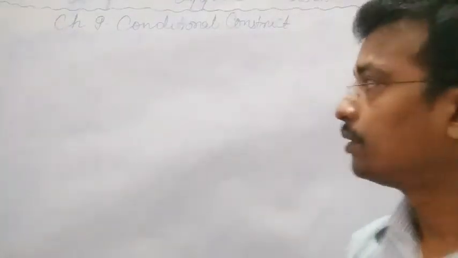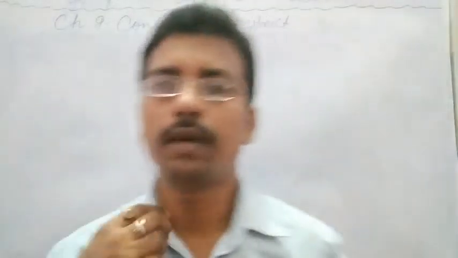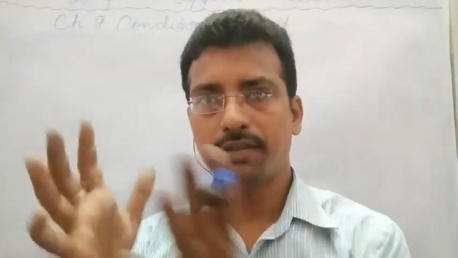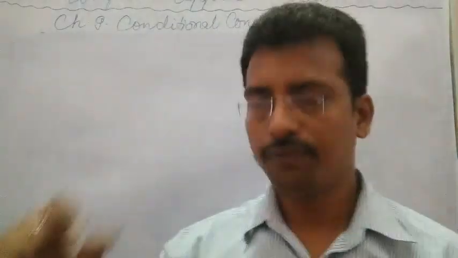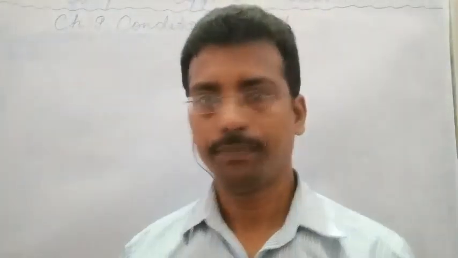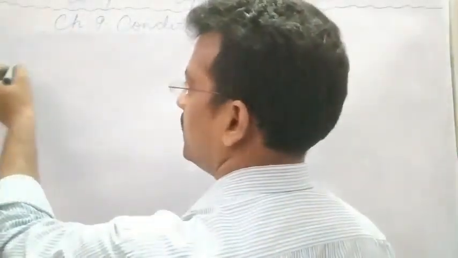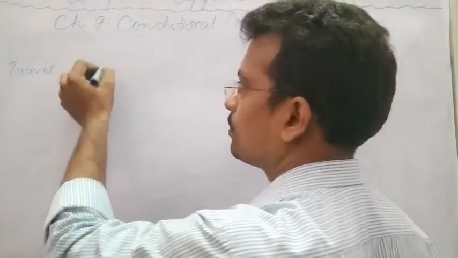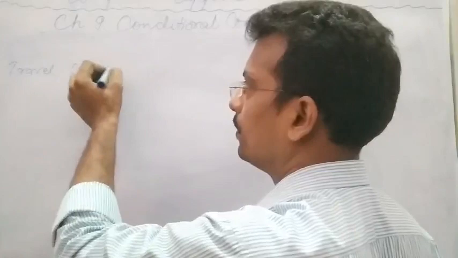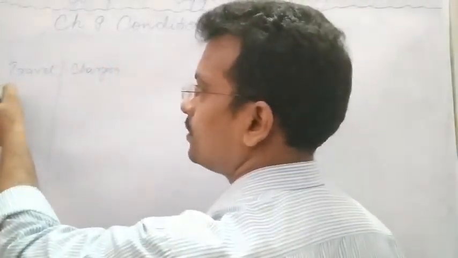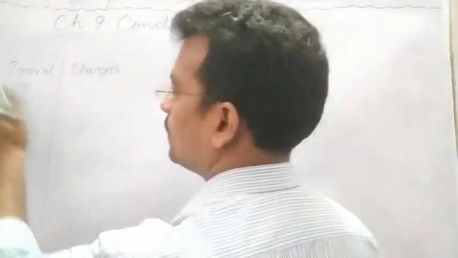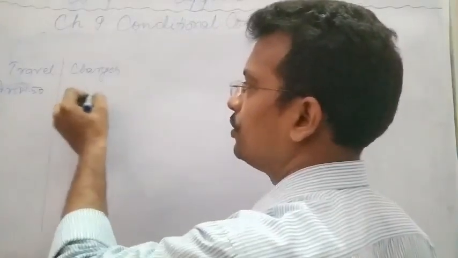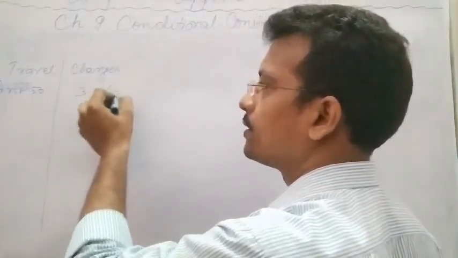Suppose a program is like this. One person goes to hire a taxi and asks what the charge is. The taxi driver says the charge is like this. Travel, how many kilometers you will travel, and the charges. Travel 0 to 50 kilometers, meaning the first 50, at 3 rupees per kilometer.